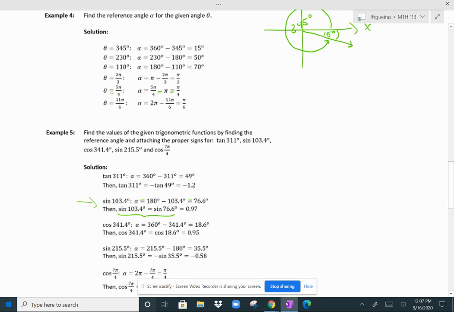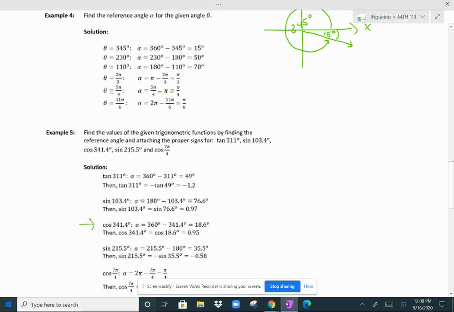And that's because 103.4 is in quadrant 2, 76.6 is in quadrant 1. Sine is positive in both quadrants 1 and 2. So therefore, no matter which one of these you enter into a calculator, it will give you the same answer of 0.97.